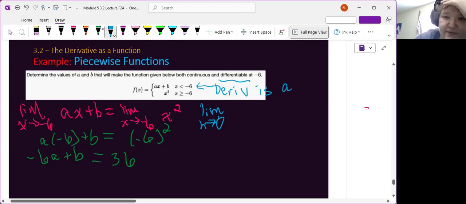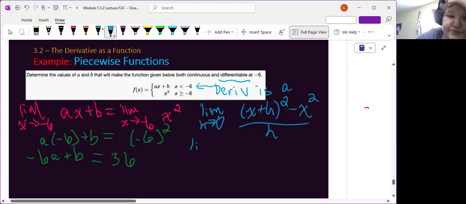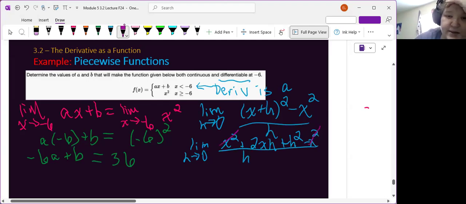So f of x plus h will be x plus h squared minus f of x, which is x squared, all over h. So we get x squared plus 2xh plus h squared minus x squared, still all over h. The minus x squared cancels out the x squared.